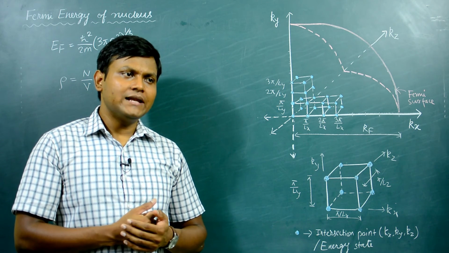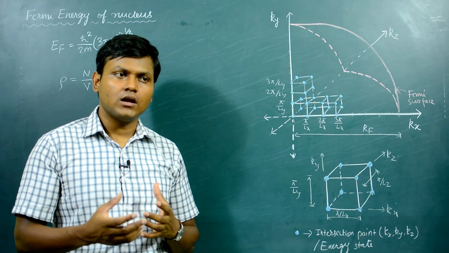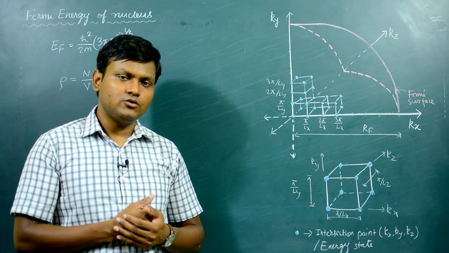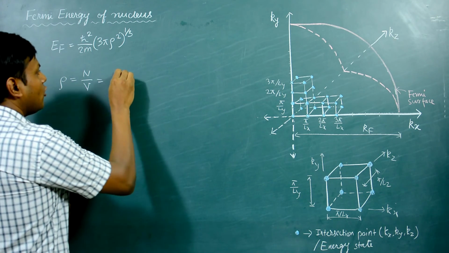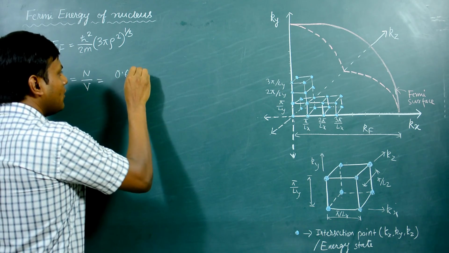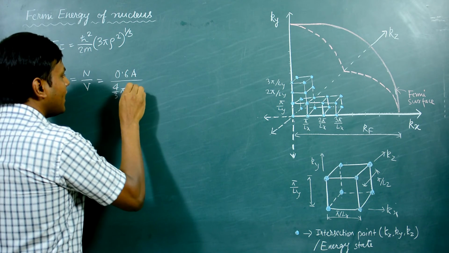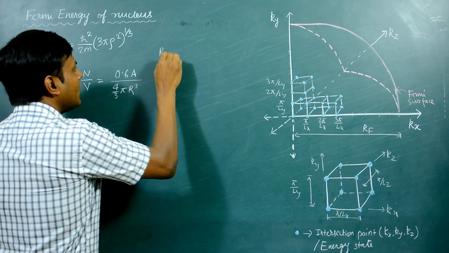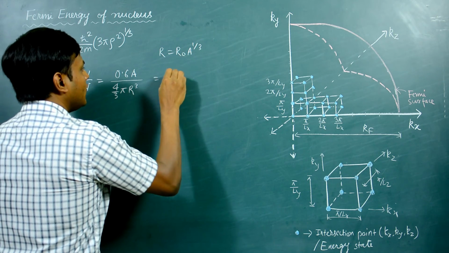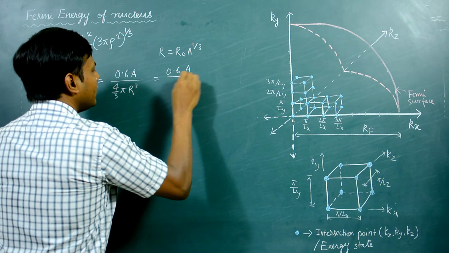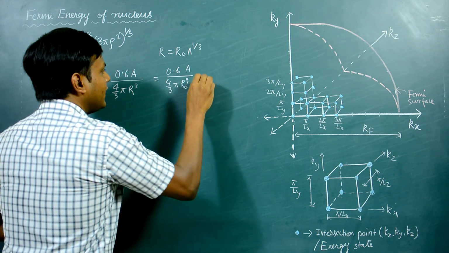If you look at medium sized to large nuclei, you will usually find that the number of neutrons is almost 60% of the total number of particles. So I'm going to use that expression. The number of neutrons is almost 60% of the mass number, and the volume is 4/3 pi r cube, where r is equal to r naught A to the power 1/3. So this is going to become 0.6 A by 4/3 pi r naught cube, and A gets cancelled.